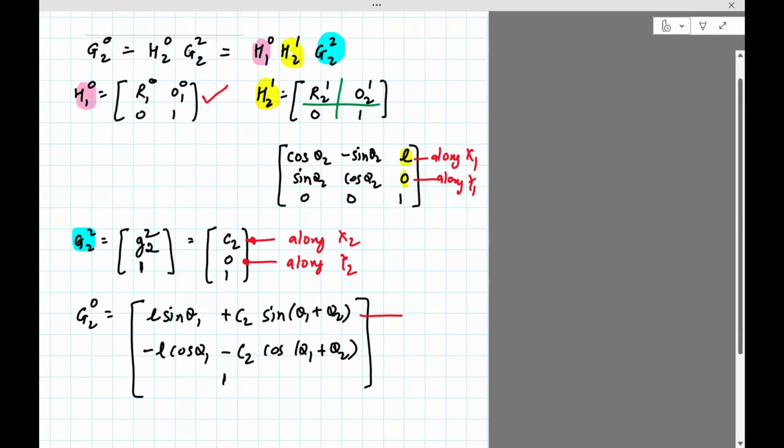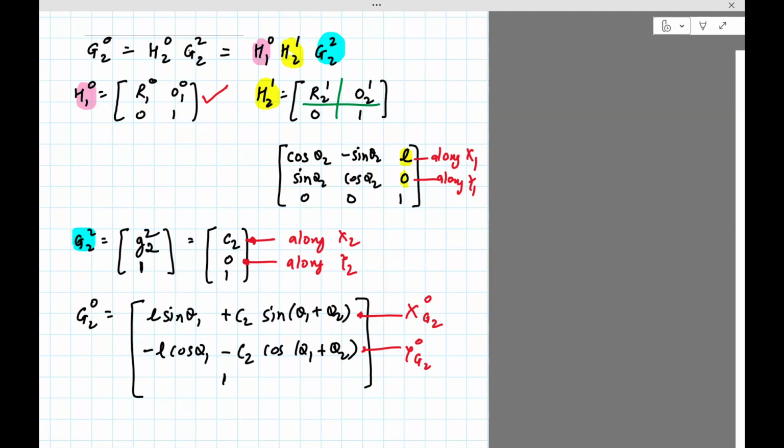Okay, so what's here is going to be the x position of G2 in frame 0, and what we have here is going to be the y position of G2 in frame 0. Okay, we need that a little bit later.